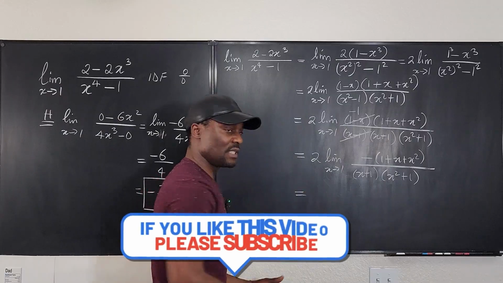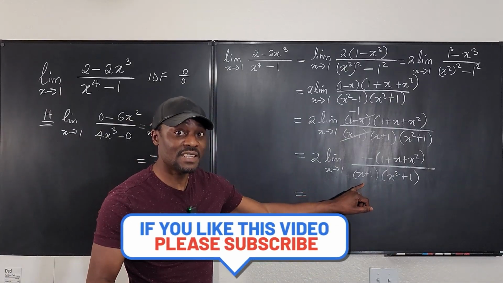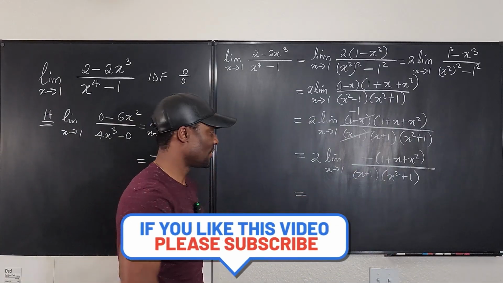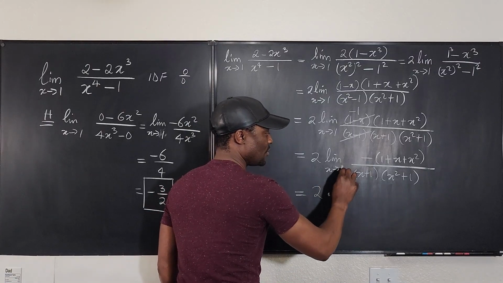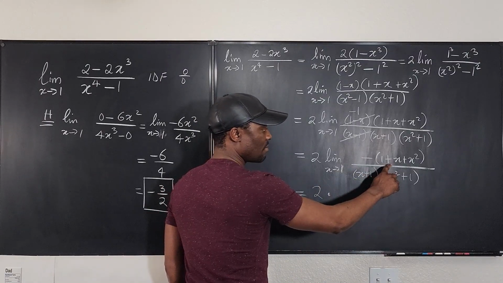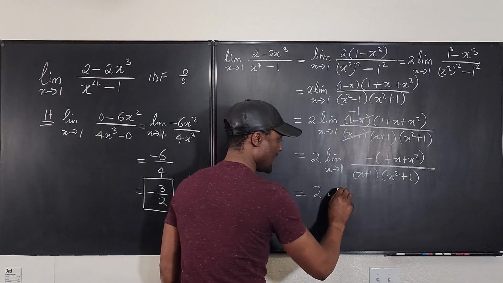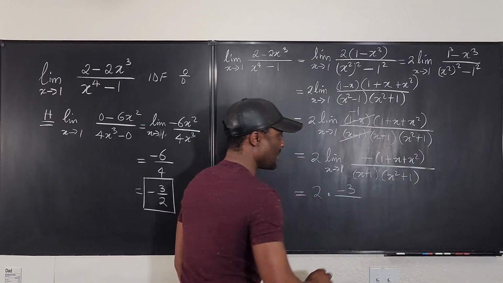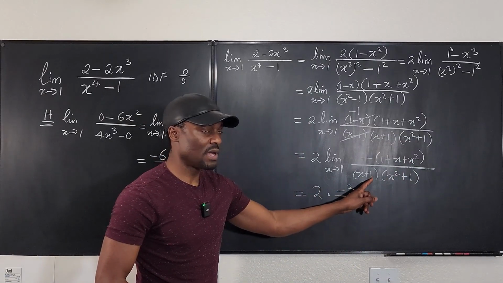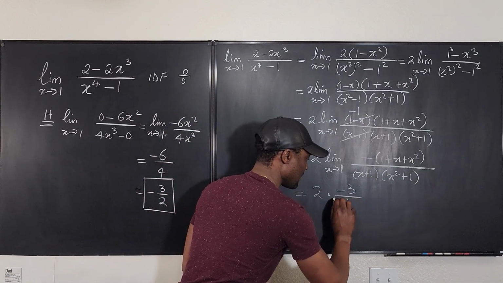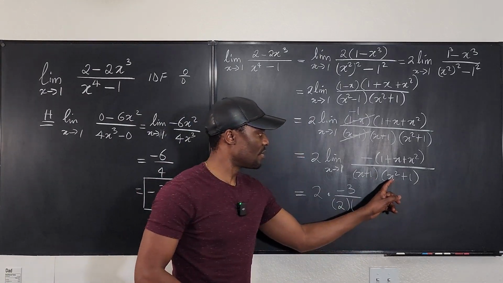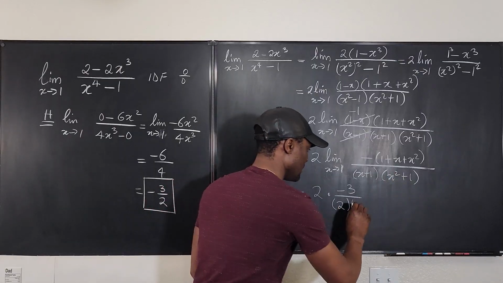Okay, we're done, because now we can easily plug in 1 into this function. We're going to have 2 multiplied by, if you take the limit, which means you plug in 1, there's going to be 1 plus 1 plus 1. That's negative 3 divided by 1 plus 1, so that's 2, times, what's the other number? 1 squared is 1 plus 1, 2.